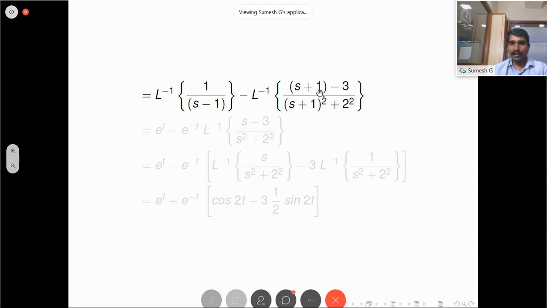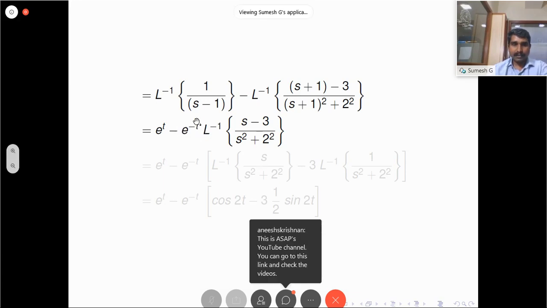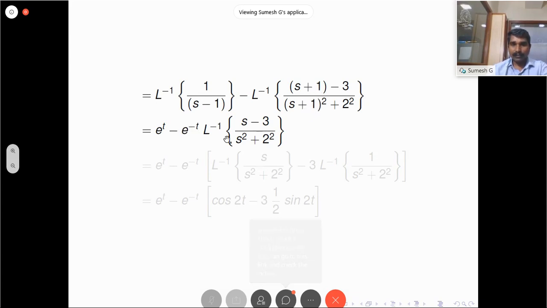To eliminate the effect of this plus 1, we have to multiply by e raised to minus t. This becomes inverse of 1 by s minus 1 is e raised to t, minus e raised to minus t, which is for eliminating this plus 1, into inverse of s minus 3 followed by s square plus 2 square.